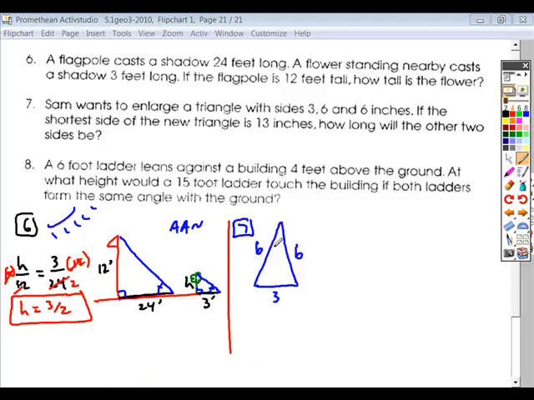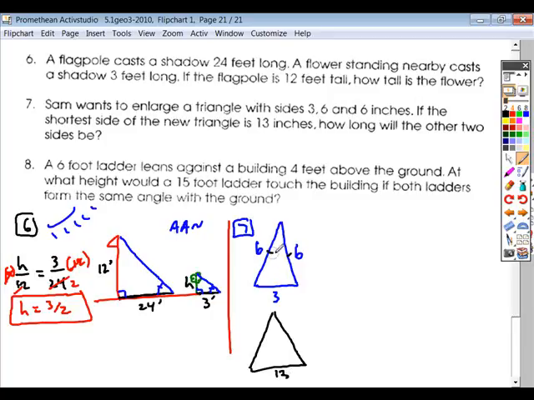Basically what that means is if you were to click on this and drag the corner, everything stays proportional. The enlargement will be the same proportional triangle, but the new shortest side is 13.